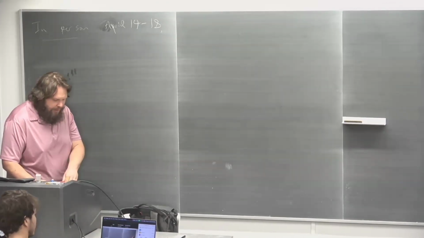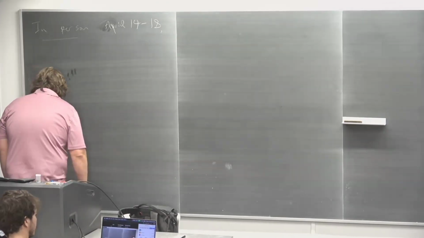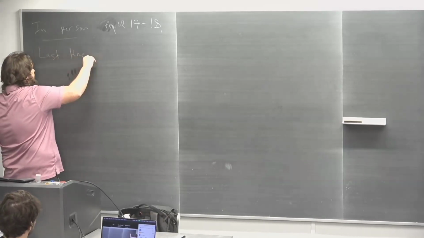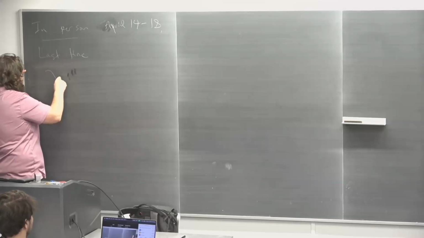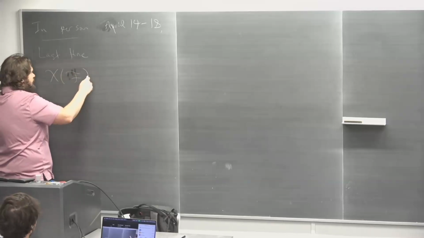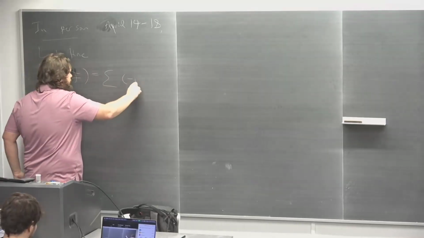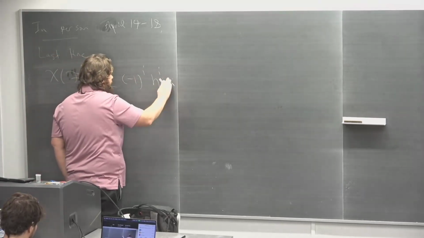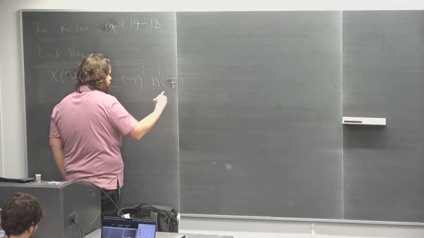Okay, so last time we talked about this invariant of a sheaf, chi of F, which is the alternating sum of the dimensions of the sheaf cohomologies.